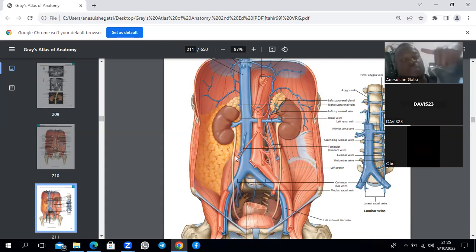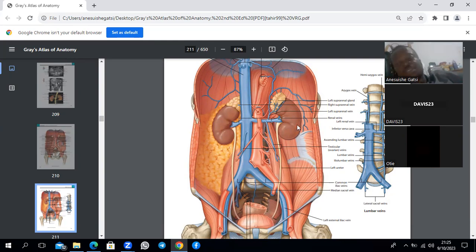Remember the transpyloric plane during abdomen anatomy, passing through L1. So the hilum of your kidneys are at the transpyloric plane. I think this diagram clearly shows us that the left one is higher versus the right one. On top of them, you can see those light brownish organs, usually yellowish in the body. If you look at them, these are your suprarenal glands.